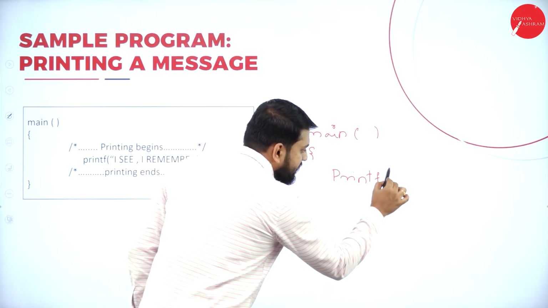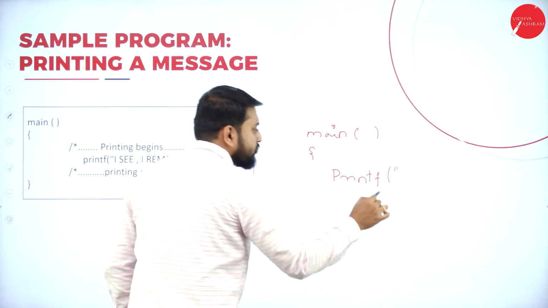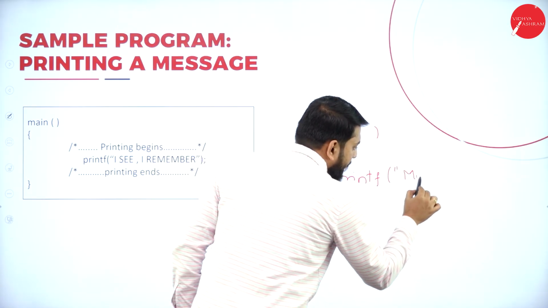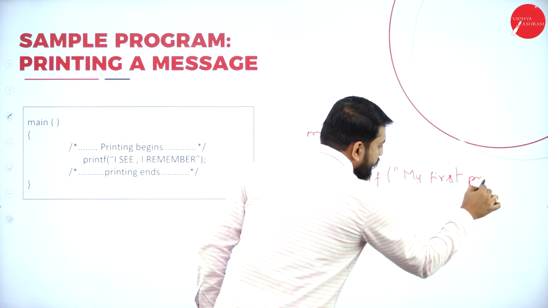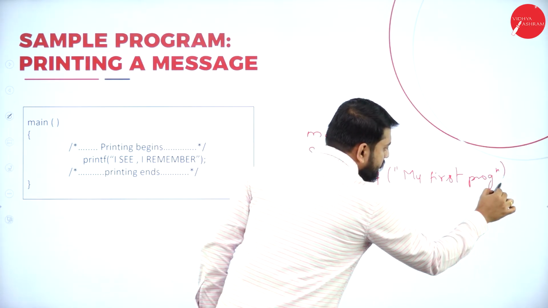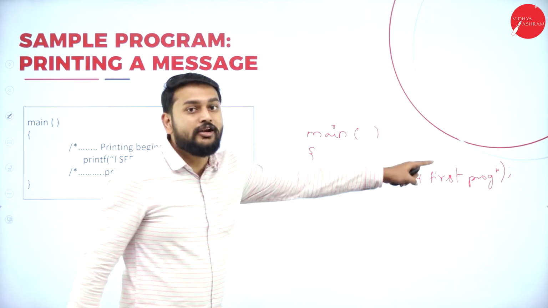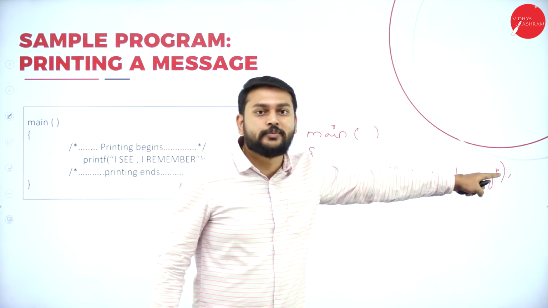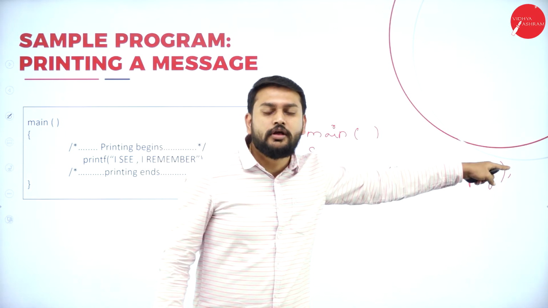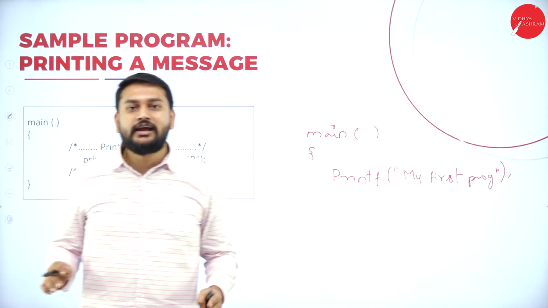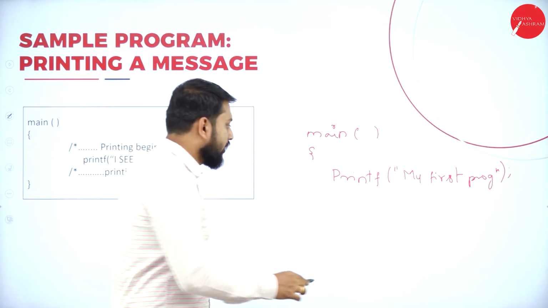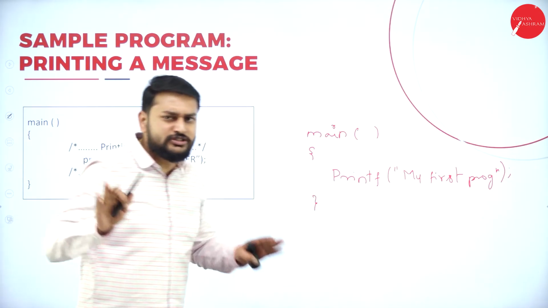So never forget this: open bracket, double quotes, "My first program", close double quotes, close bracket. At the end of the statement, you have to write the semicolon. Why semicolon, sir? That indicates the end of the statement. Then you will close the flower bracket. As of now, just understand this.